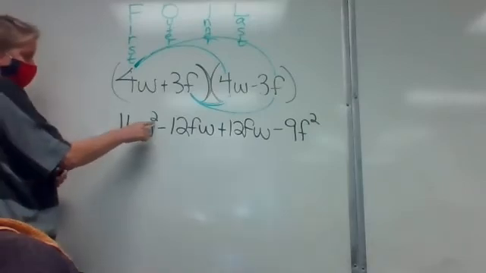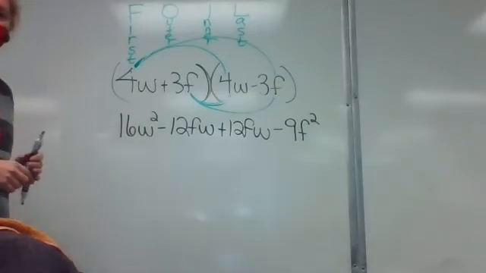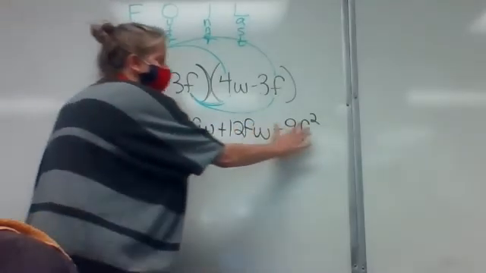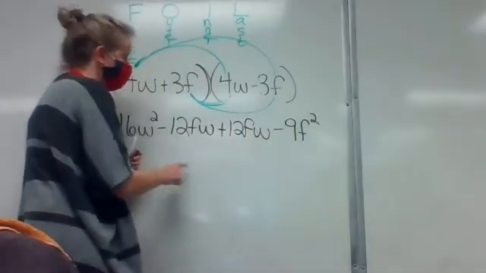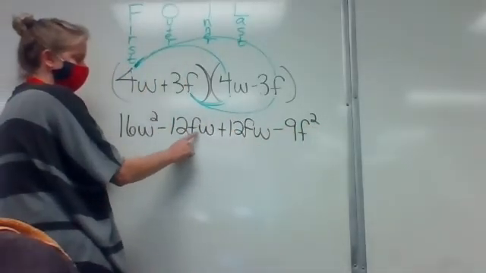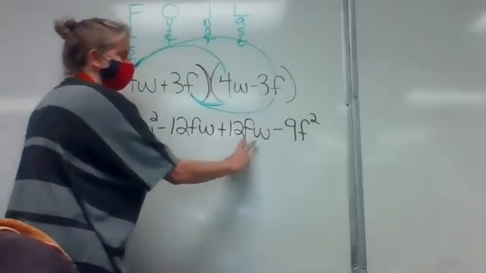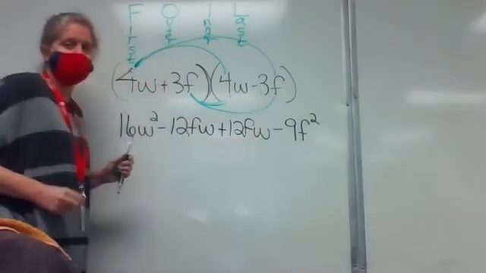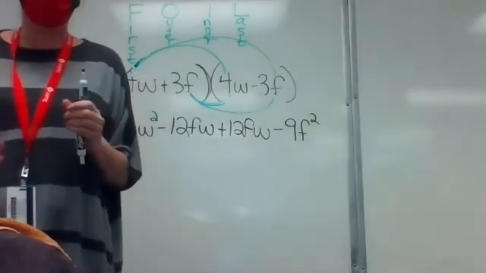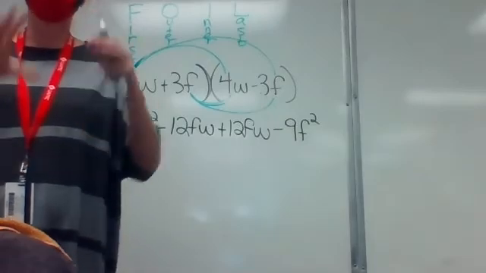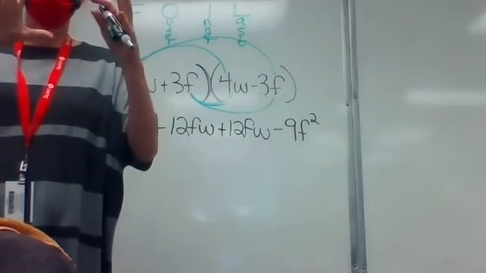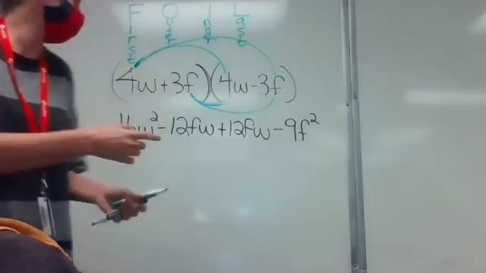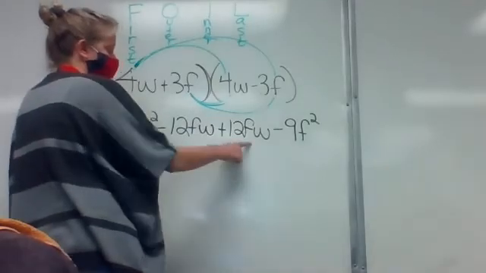A like term that would go with this one would be a W squared. There's not any other W squareds. A like term with this one would be another FW. There is another FW, which means these two are like terms, which you see a lot when you FOIL. Those middle two terms right here are a lot of times going to be like.